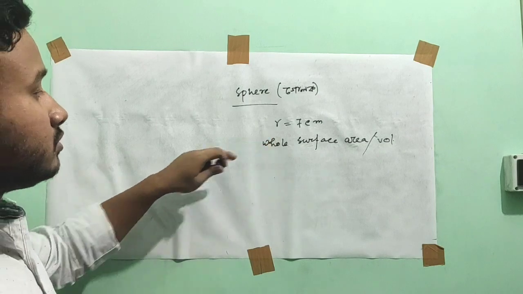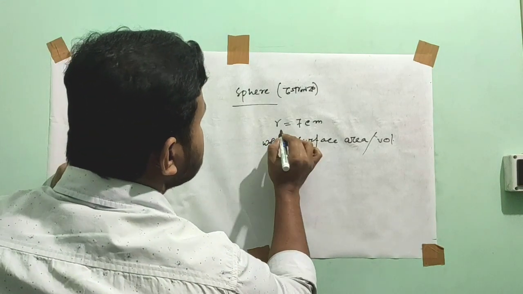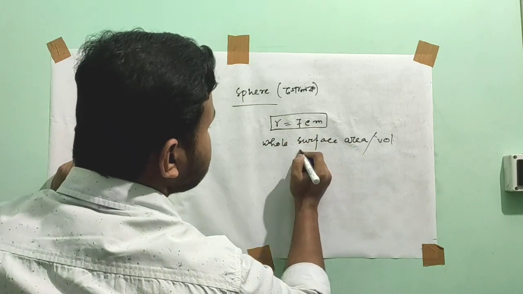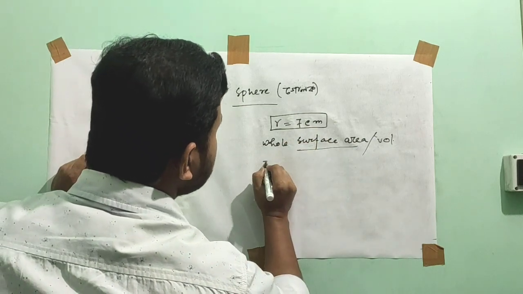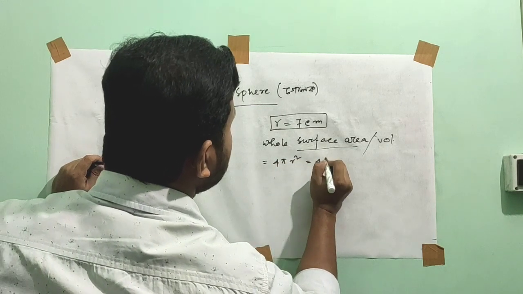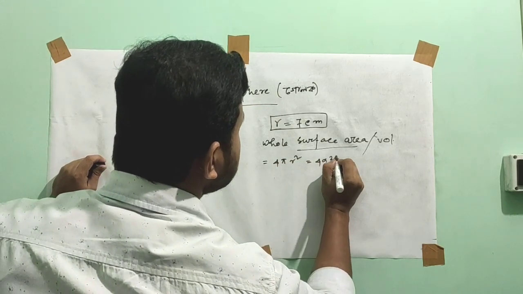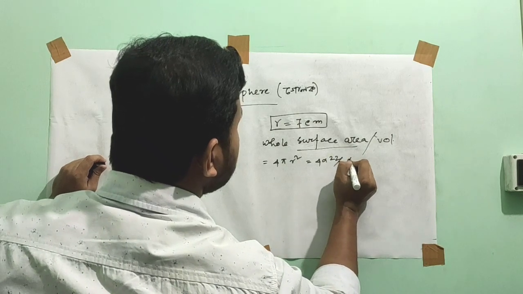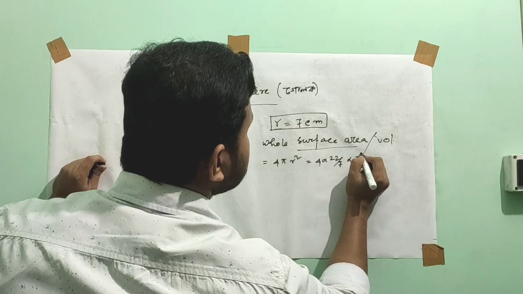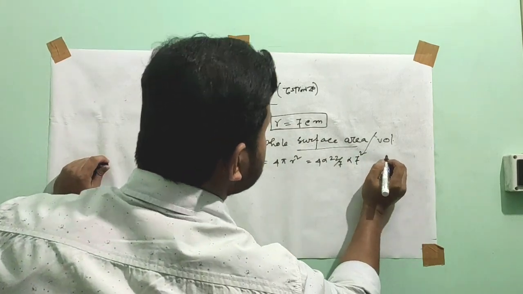Simply we put this radius measurement in the formula. For surface area we need to use 4 pi r square, which is 4 into pi equals 22 by 7 into r, where r is given as 7, squared.